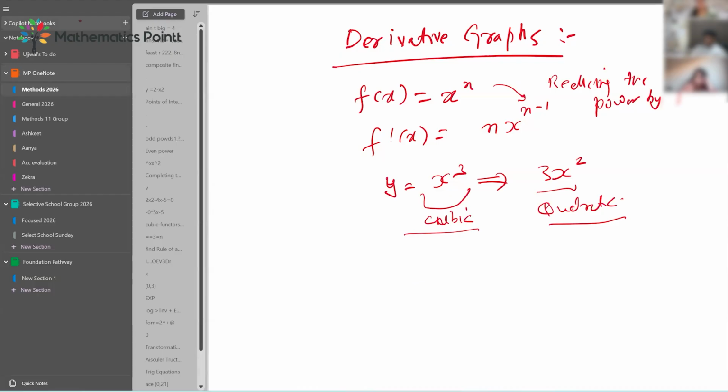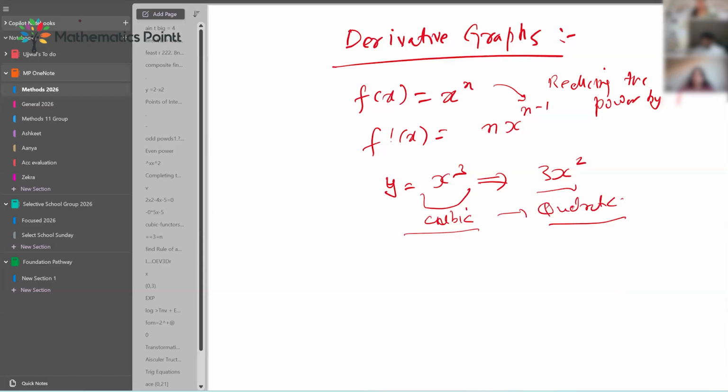So when you're given a graph and you're asked to graph the derivative of that function, always remember that you need to go 1 degree down. So if you're given a cubic, you should be getting a quadratic when you graph it by hand.